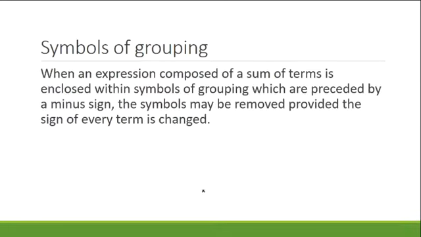An expression composed of a sum of terms enclosed within a symbol of grouping which are preceded by a minus sign, the symbol may be removed provided the sign of the term is changed. Example ulit. Meron tayong 4x minus 3y minus z plus 2.